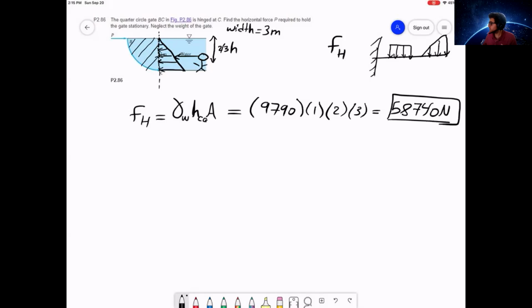Sometimes it's simple like this, because you know the pressure distribution: the pressure is 0 at the top, and it varies linearly until it reaches the maximum value at the bottom. So the centroid of this triangle will be the center of pressure on the flat surface. Or if you don't want to visualize all this, you can use YCP and XCP. That's totally fine. You'll end up with the same value.